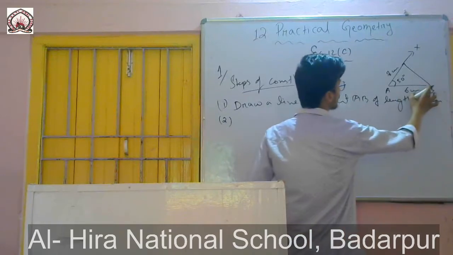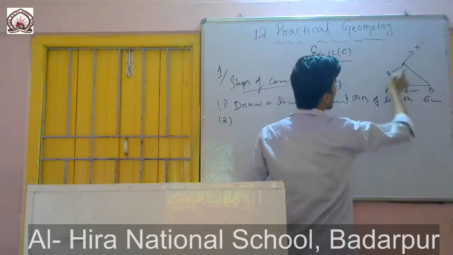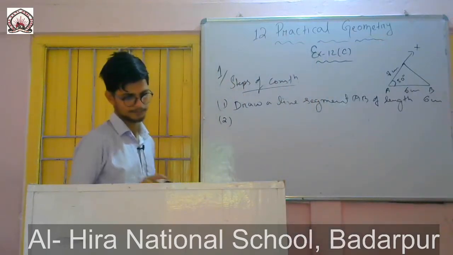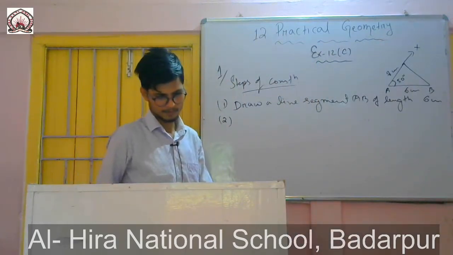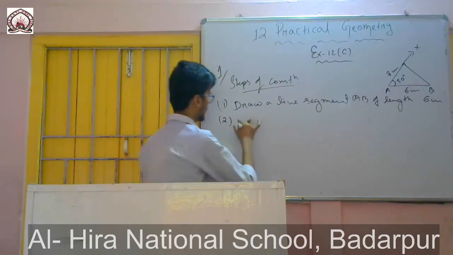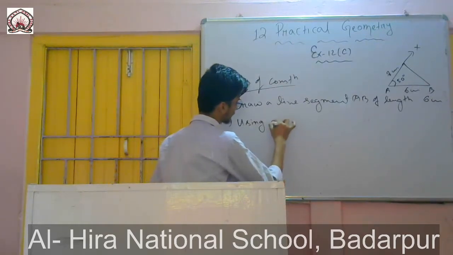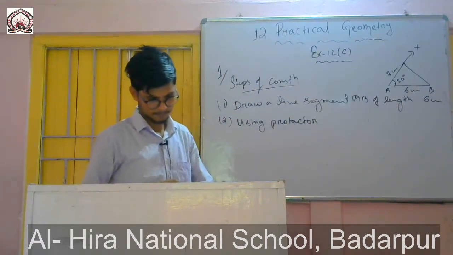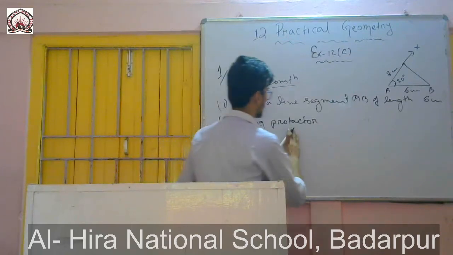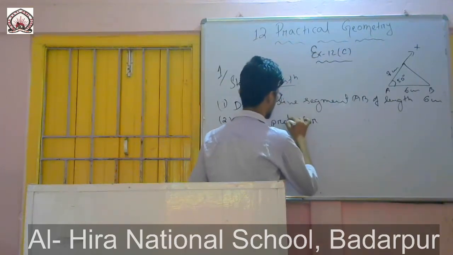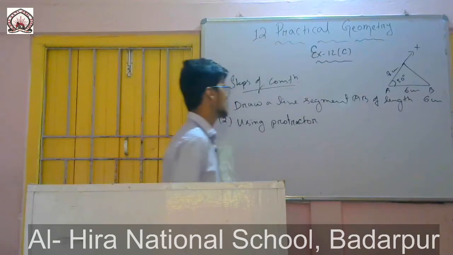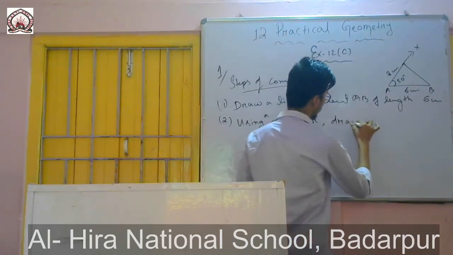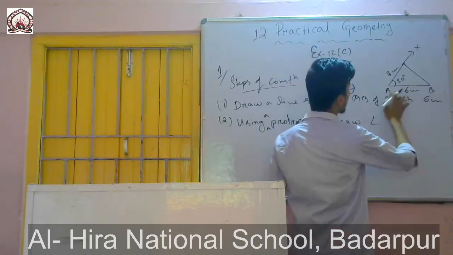Now, after drawing this one we draw an angle BAX which is equal to 50 degrees, using a protractor.